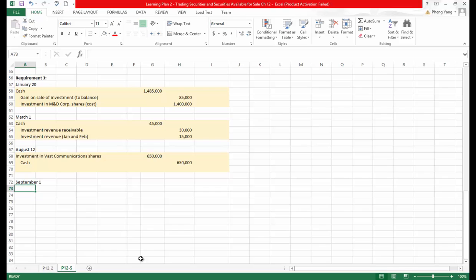So once again, we're going to debit cash for $45,000 and then credit investment revenue for $45,000. I don't know why this is doing this. Okay, there you go.